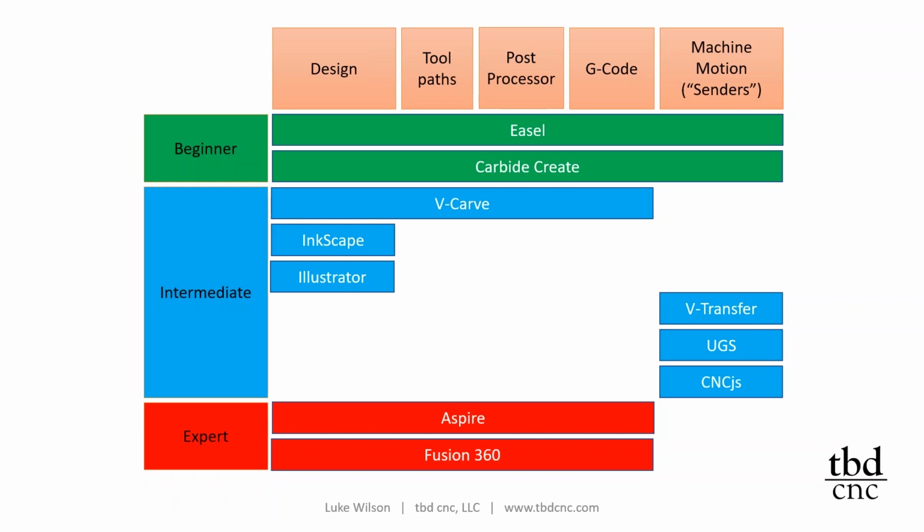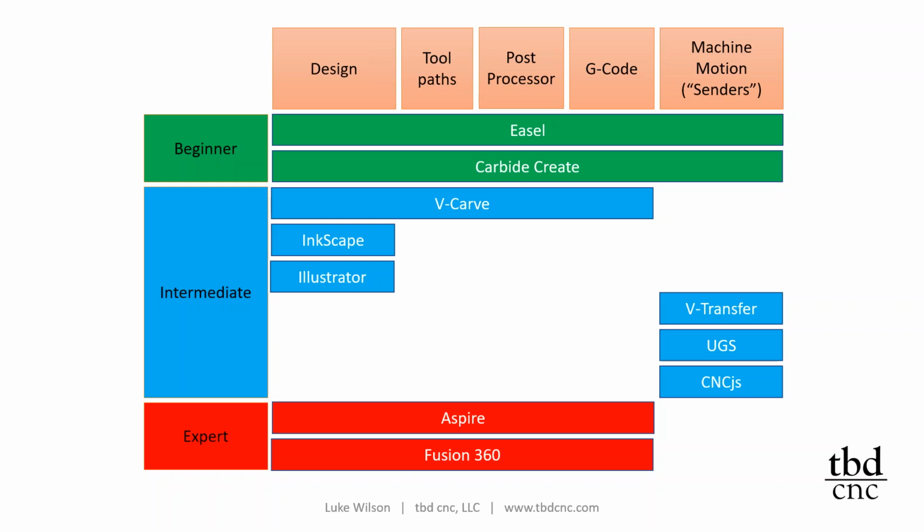I would say a large portion of beginners are doing very light design. They're taking an existing file and adding text to it or something along those lines. Easel and Carbide Create are great for that. But when you get into doing something that's really, really special and really unique, you need something that's a little bit more capable.